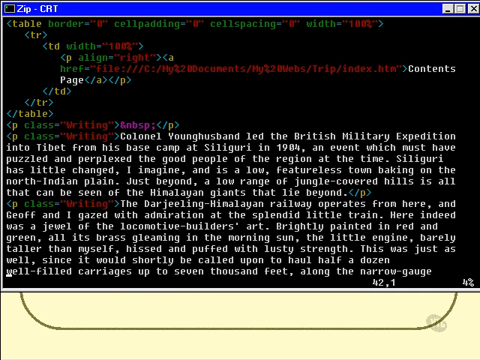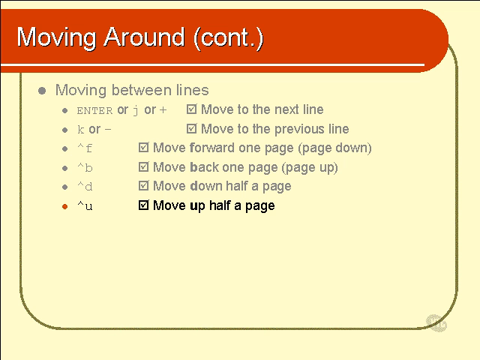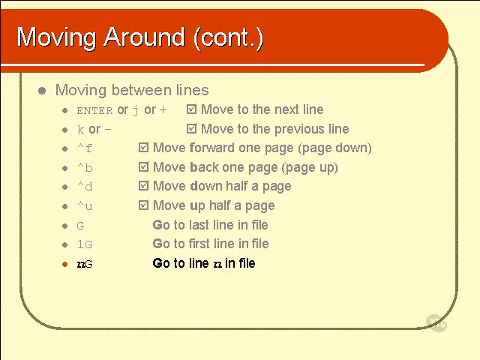Okay. Next we have capital G, which, when used by itself, simply means go to the last line in the file. However, you can also use capital G prefixed by a number, which means go to the first line in the file if you use the number 1, or if you use any number n, go to line n in the file.